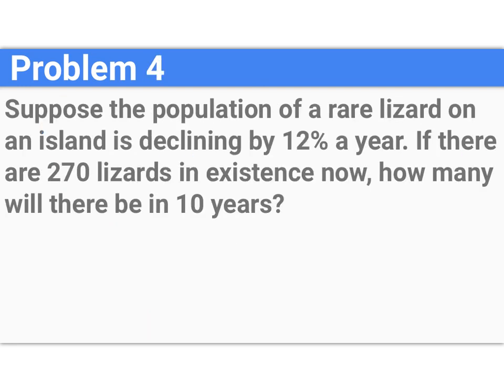Okay, so now this is declining, so be careful with this one. So we have y equals, this is not a bank loan, so we don't have to worry about it. So you got your principal, or your initial amount, 270, times 1 minus 0.12.